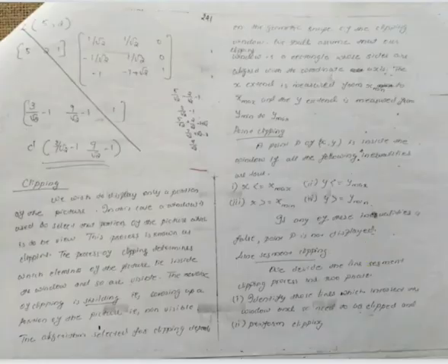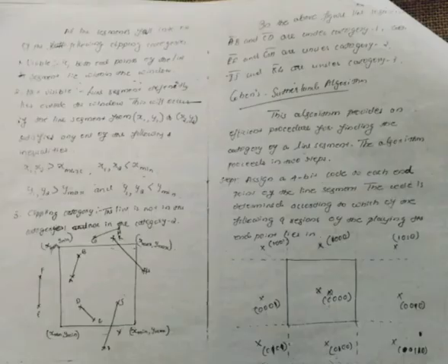Next is line clipping. We divide the line segment clipping process into two phases. First, we must identify those lines which intersect the window and so need to be clipped, and second, we must perform the clipping. So each line falls into one of the clipping categories.